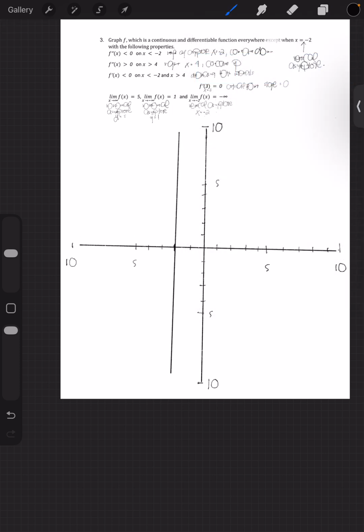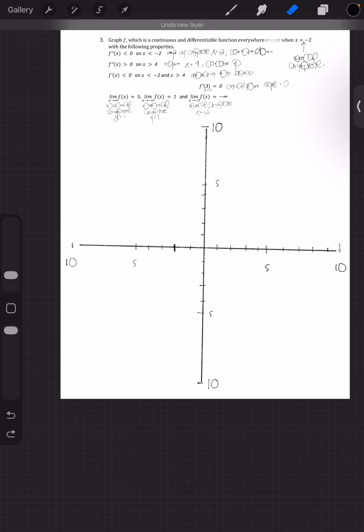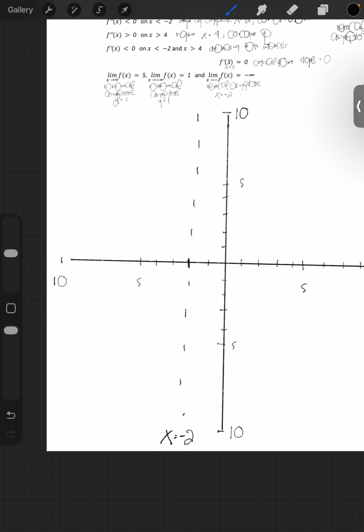Here, and then I get a little overwhelmed when I'm drawing it out for the Teach Me videos, but that should be a vertical asymptote, x equal to -2, and then we have a horizontal asymptote at y equals 5, so here.